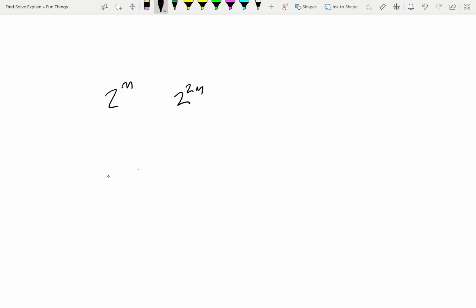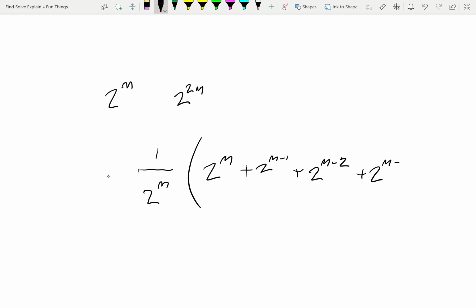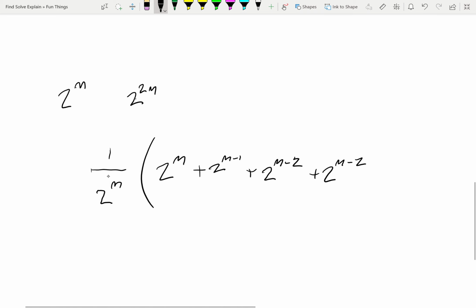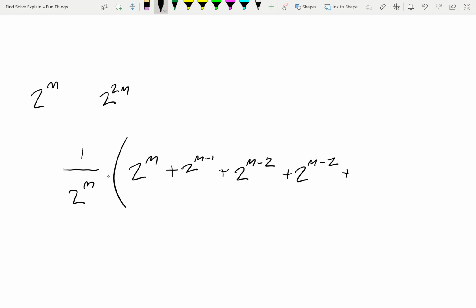So what this will do is we have a 1 over 2 to the m here, then 2 to the m plus 2 to the m minus 1 plus 2 to the m minus 2, this would be for 3, and 2 to the m minus 2 again. And as it turns out, since this is 3 and then 4, there will then be 4 but for the next power of 2.